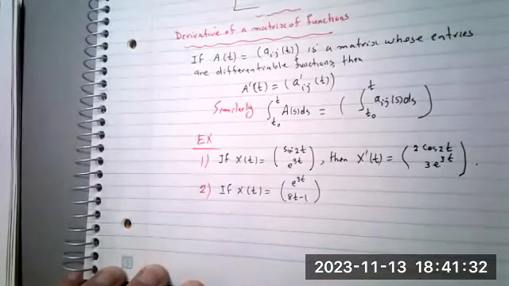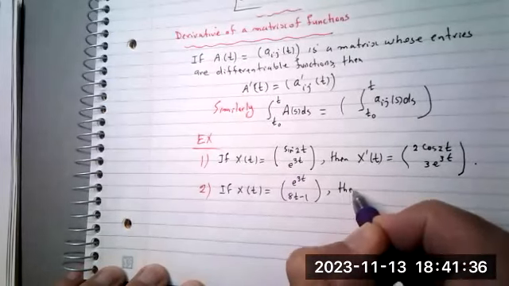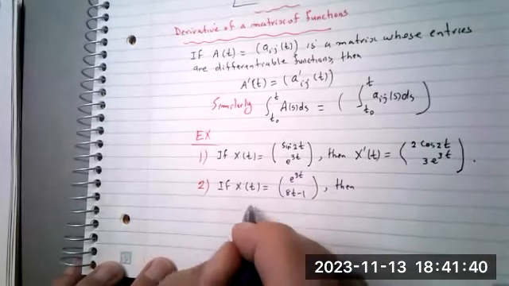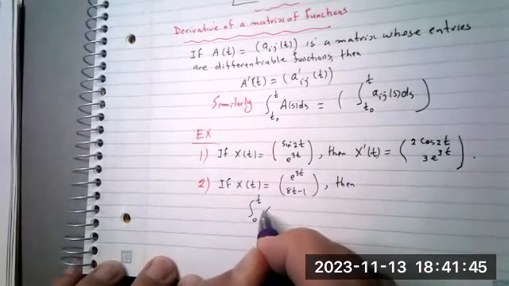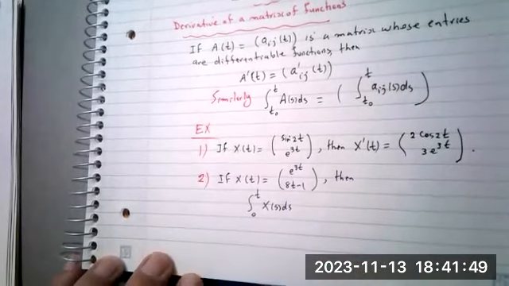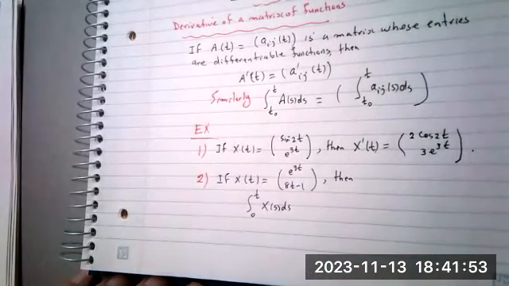And you would like to integrate it, the antiderivative, if you like. So in this case, the integral from 0 to t of x of s ds. Since we use the t, in the differential we call it s. You can call it anything you like, it doesn't matter.